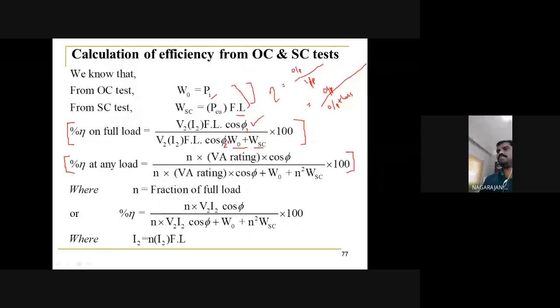For example, if I want the efficiency of the machine at 75% of load or 50% of load, how will I change this equation? I'll multiply the fraction of load in the numerator and denominator.